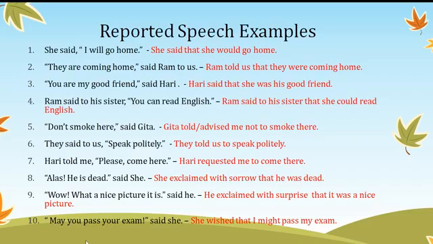Number 10, "May you pass your exam," said she. Looking over your sentence, dear learners, it starts from "may" and ends with an exclamatory mark. I already said to you, the sentence that starts from "may" and ends with an exclamatory mark is an optative sentence, expressing a wish. So what is the reporting verb? Wished. So she wished, keep in mind, she wished that.